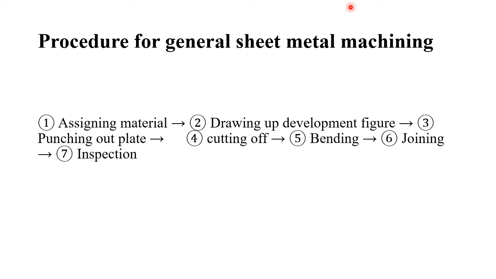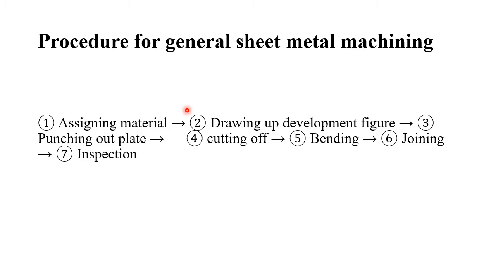We are going to perform something real, meaning we are going to build something, or do production. When we produce something from sheet metal, we start by assigning materials, which is when we select the materials to use.